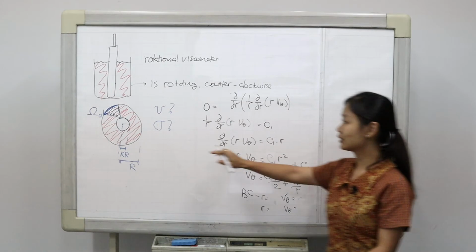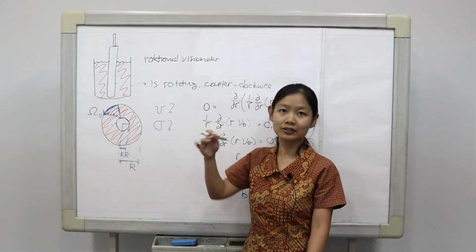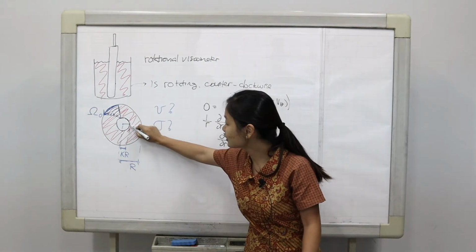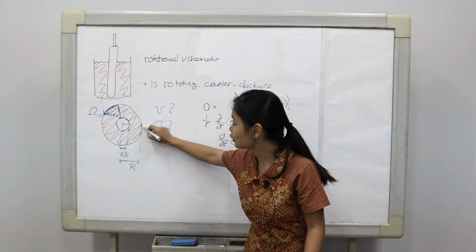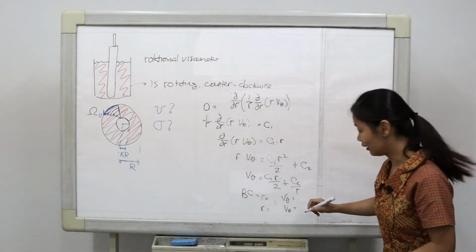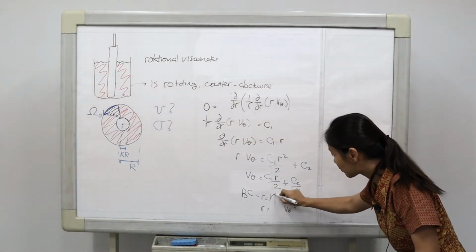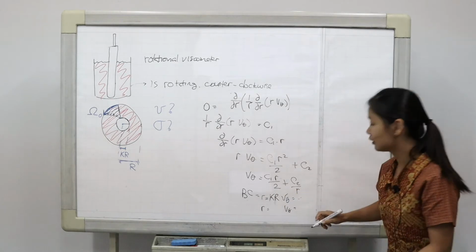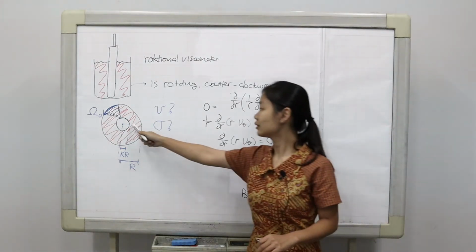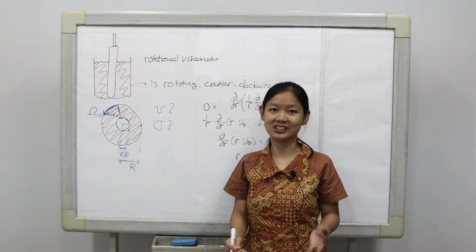For the velocity boundary conditions, we can look at these positions. At radius equal to kR, our φθ is 0. Why is it 0? Because this rod is not in motion, it's stationary.